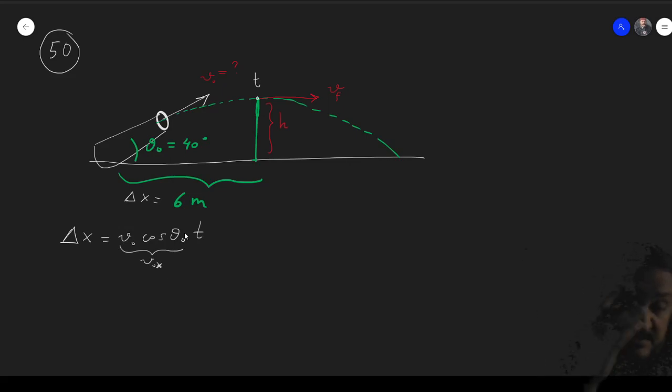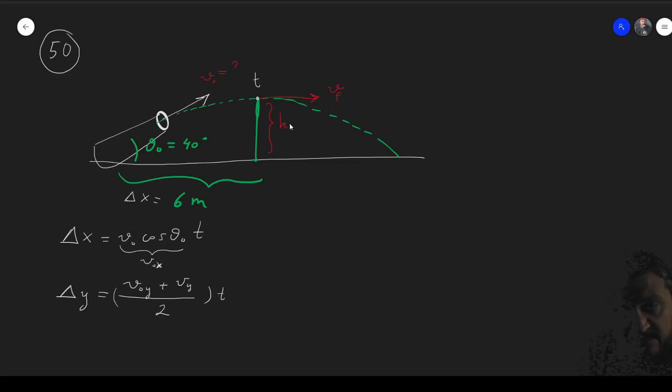So we have to use an equation in the y direction, because we know this happens at the maximum height, when the velocity is perfectly horizontal. What if we use the delta y equation? The first one was v naught y plus vy over 2 times t equals delta y.